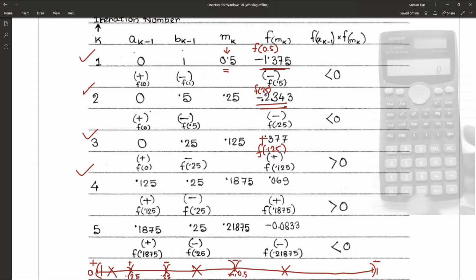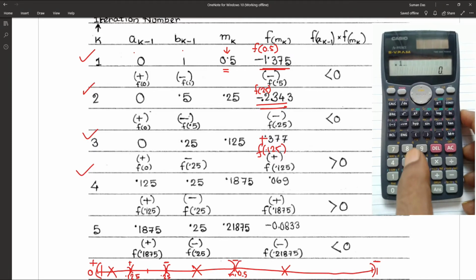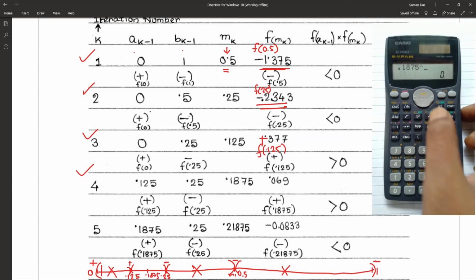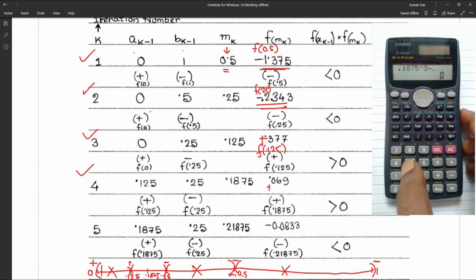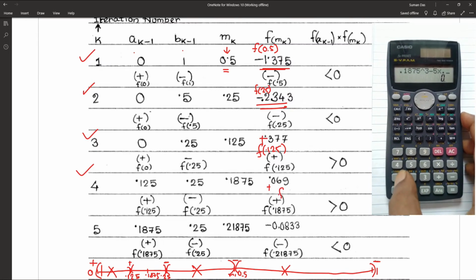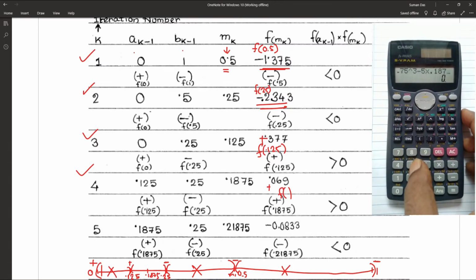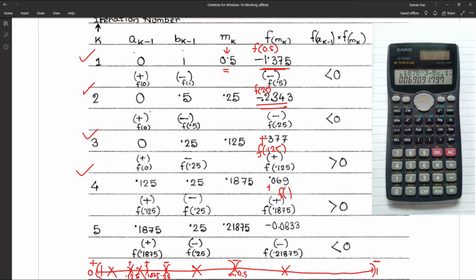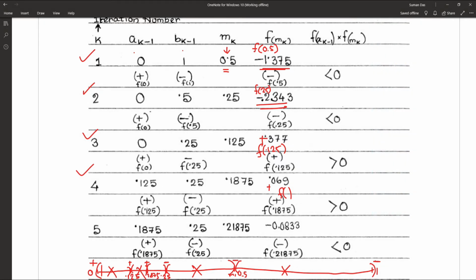Now we bisect this and get 0.1875. At 0.1875 the value of the function is 0.069, that is positive. So again we reject that section and take the new range from 0.1875 to 0.25.